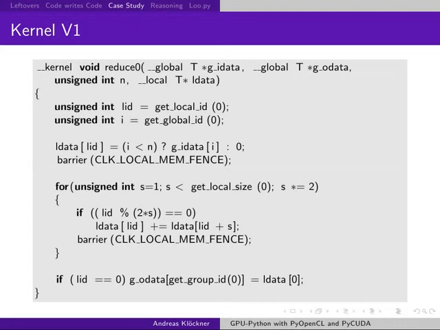So that looks like you start with 1, and you keep doubling until you reach the local size. And if by modulo you figure out that you're supposed to be active, then the work items carry out the actual reduction, there's a barrier, and at the end you store.